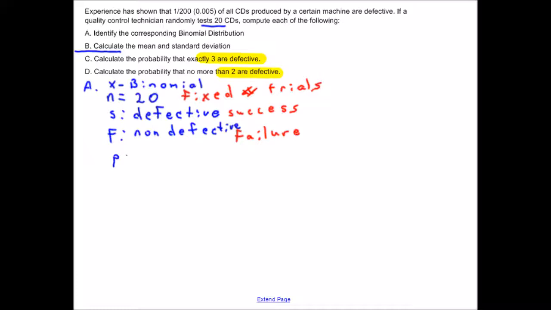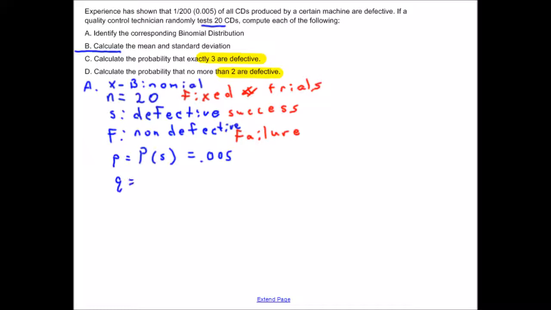Then you have P. P is the probability of success. In this case, 0.005. That's where the number part comes in, the probability. S is the word, the description. P is the actual value.